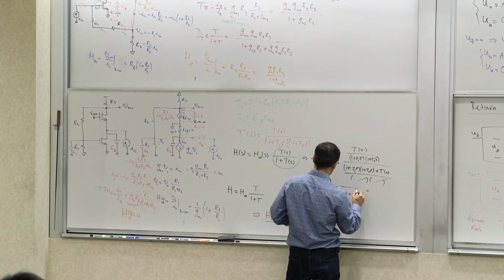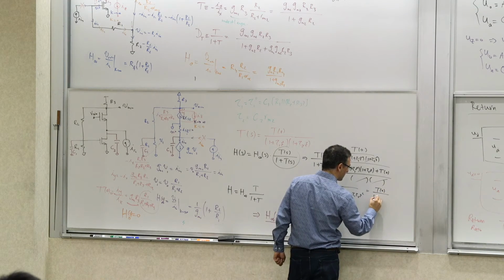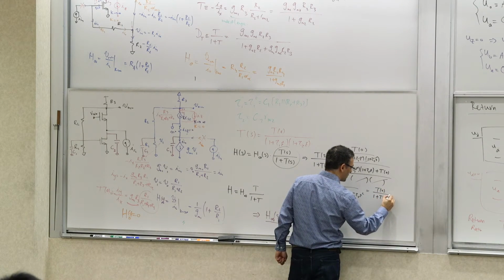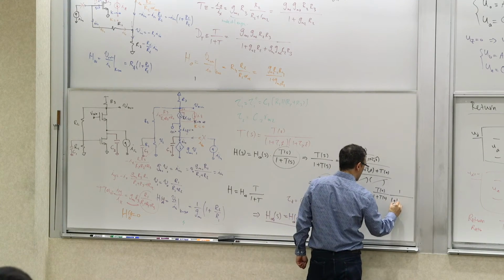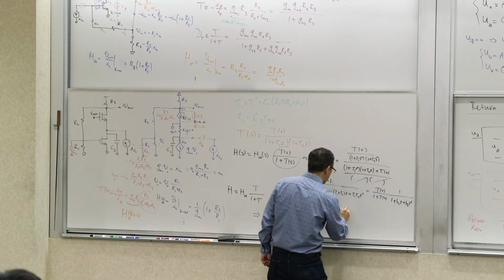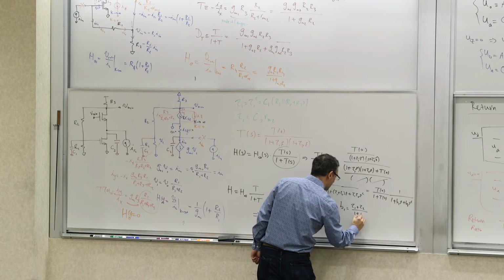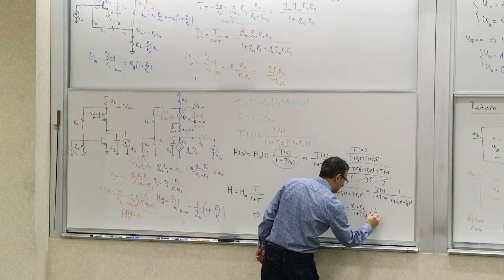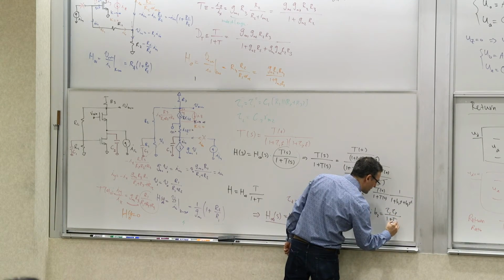Now, if you factor the DC part of this, which is T of 0 over 1 plus T of 0, what you end up with is 1 plus B1s plus B2s squared, where B1 would be tau 1 plus tau 2 over 1 plus T of 0, and B2 would be tau 1 tau 2 over 1 plus T of 0.